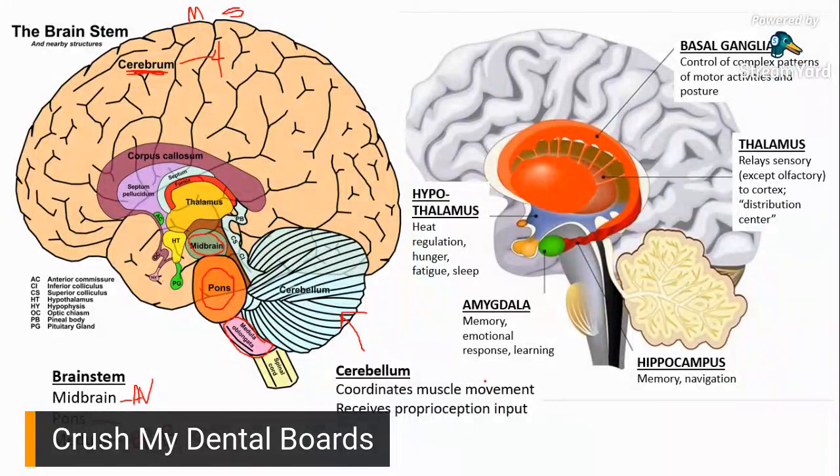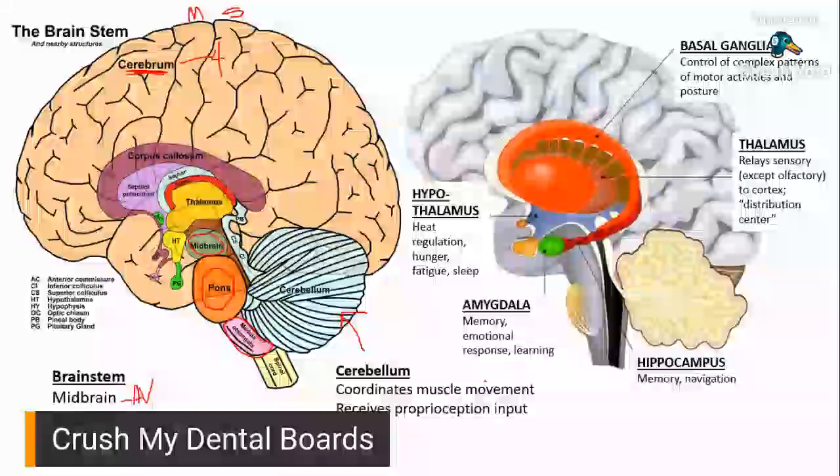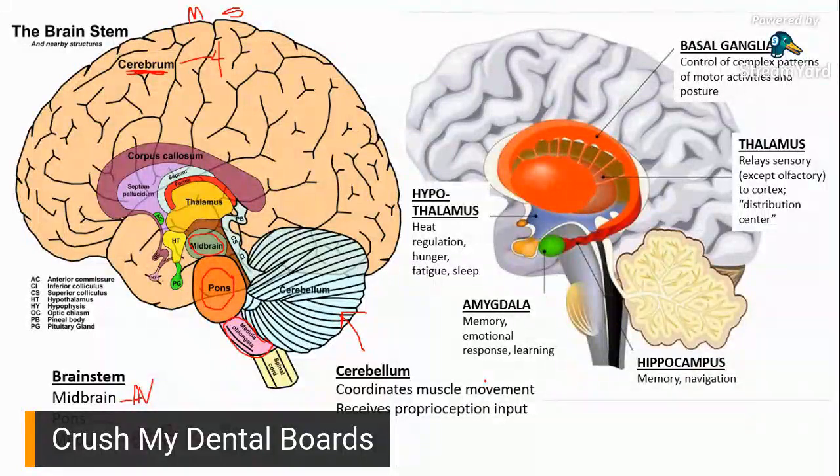Kung yung kamay mo, hinahawakan mo yung mukha mo ngayon, you know where it is because of proprioceptors that relay signals to the brain telling it where the hand is. It's knowing where your limbs are at a particular point in time.